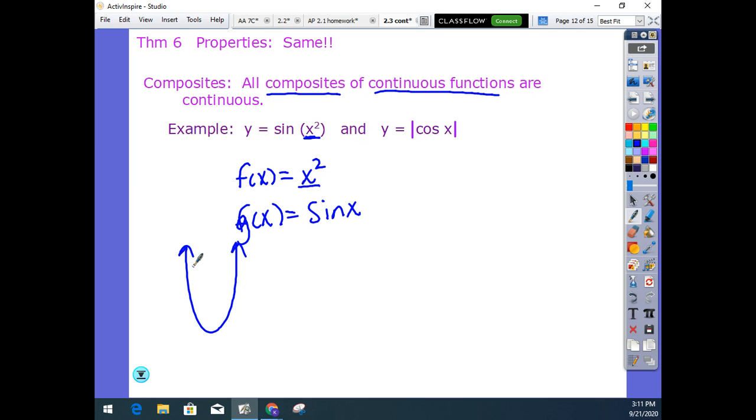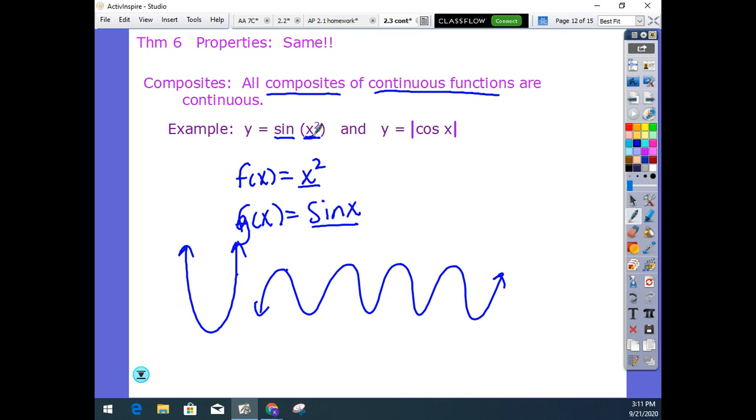There's no hole, no break, no jump, no asymptote. It's all continuous. Sine of x, continuous forever and ever. If x squared is continuous and sine is continuous, then sine of x squared is continuous.